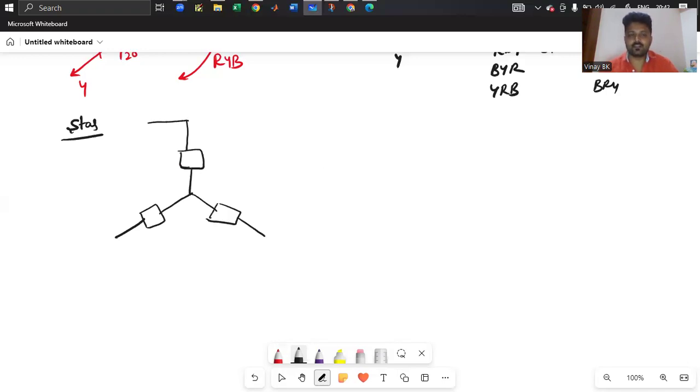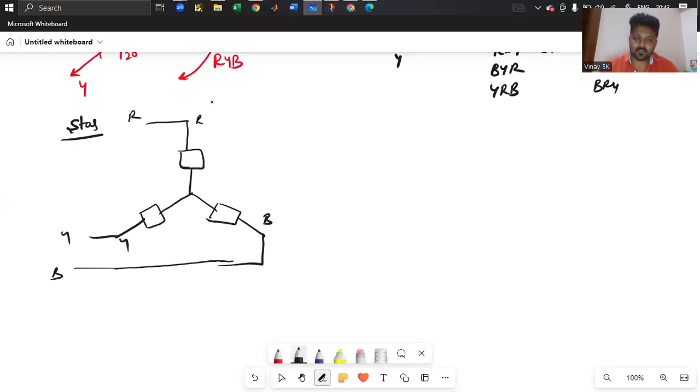This is R, Y, B. If the sequence is RBY, you can see the RBY sequence. I will discuss that later.